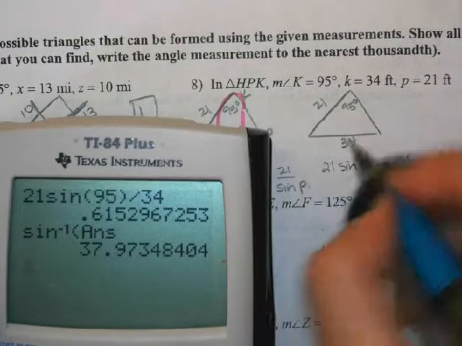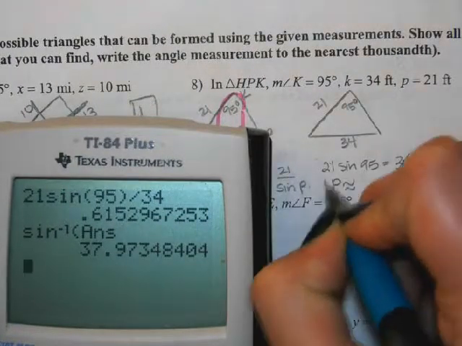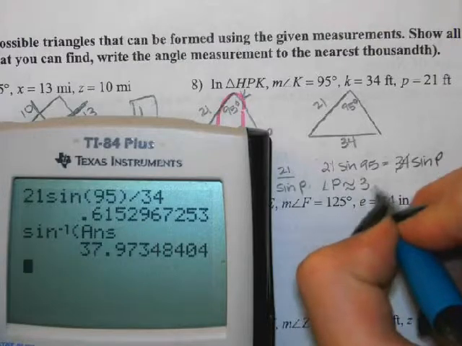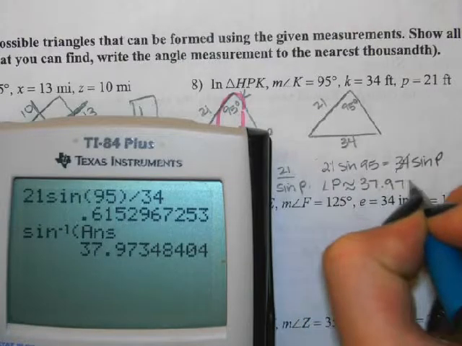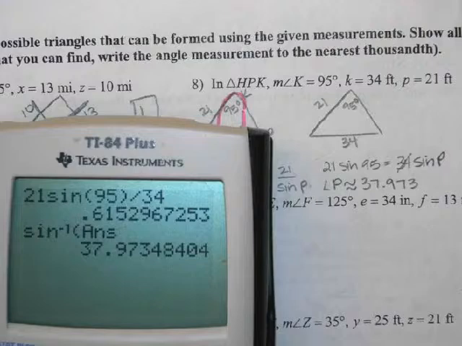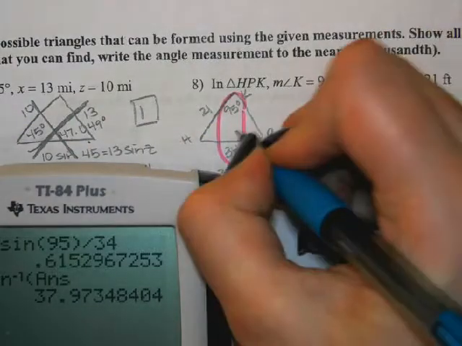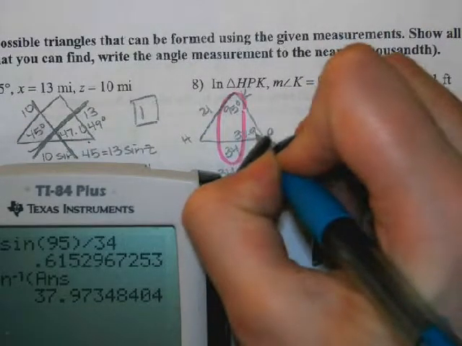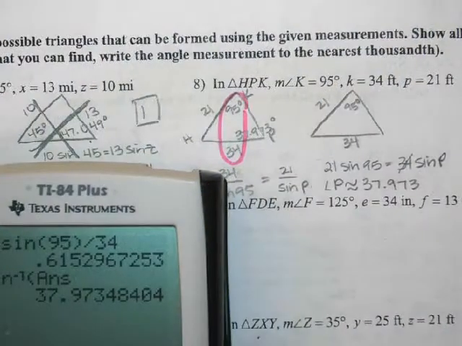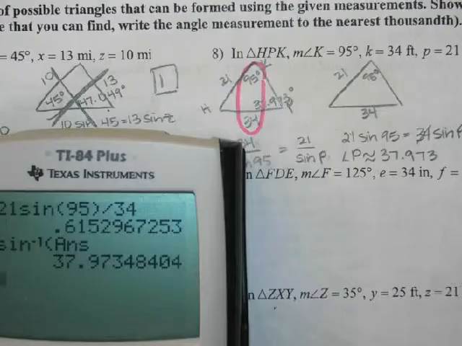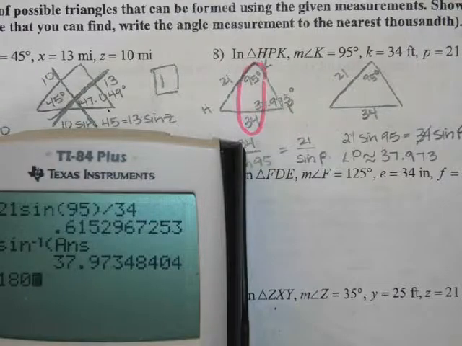Okay. So angle P is 37.973. And then how do I find angle P in the second triangle? Subtract that from 180, so I do 180 minus second answer.